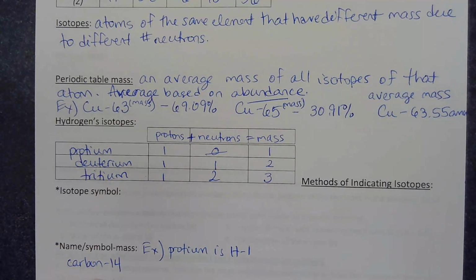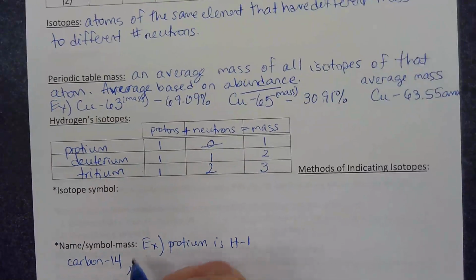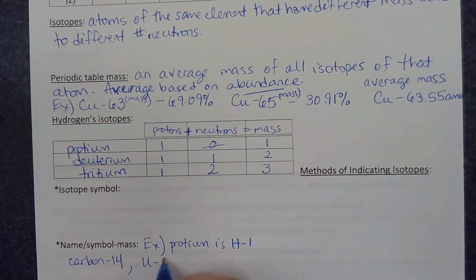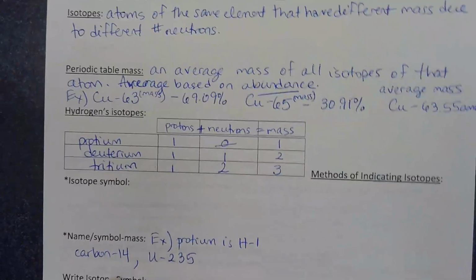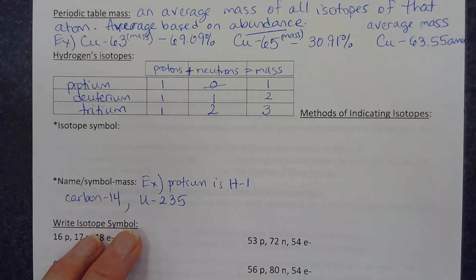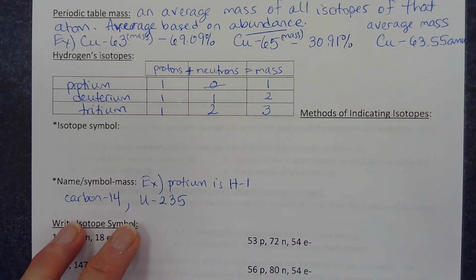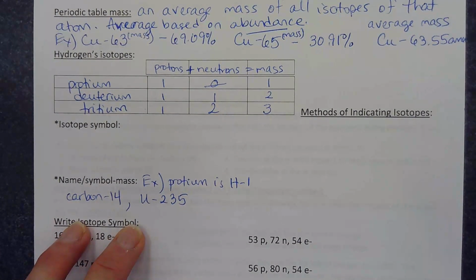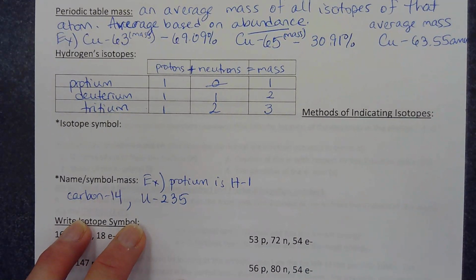Some of you may have also heard of U-235, uranium-235 or uranium-238. Very good. All of those are different isotopes of uranium. Some of those isotopes are used in nuclear reactors, nuclear energy, and nuclear weapons.